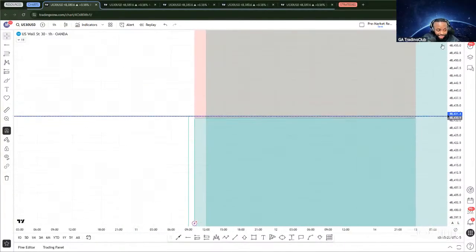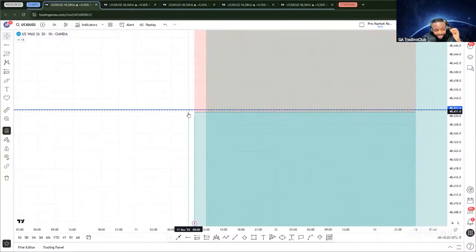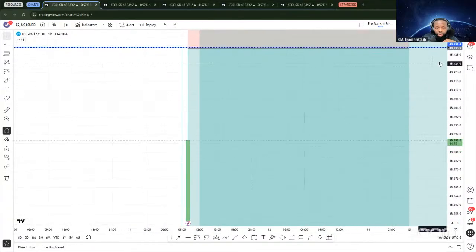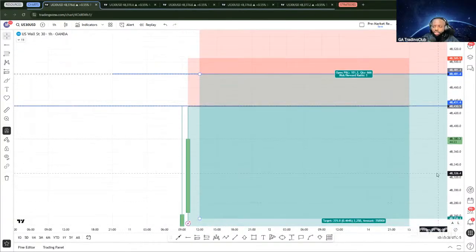Definitely the entry was at the high of this previous hourly candle. It did come a point away from it, but if it reverses down and goes down like that 225 points, I'll just close out my pending order, because price came literally next to that, within a point or two of where my pending order was.